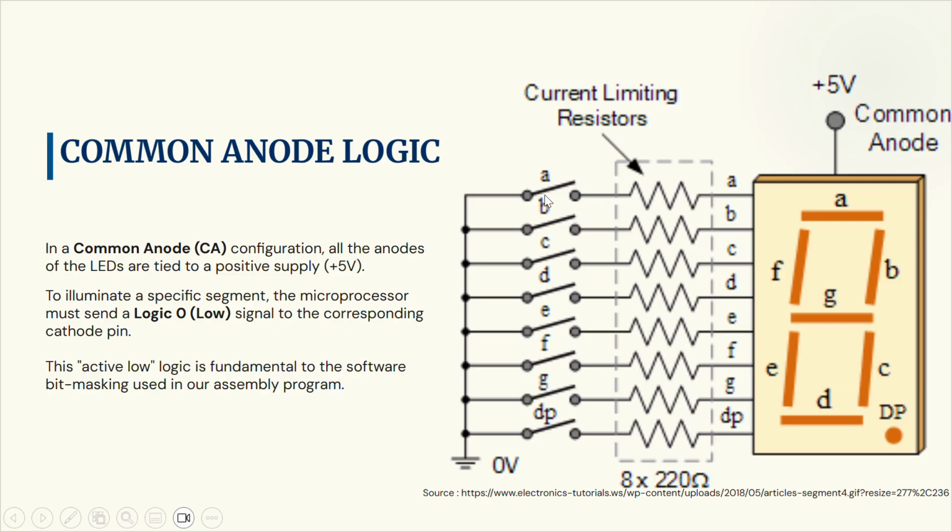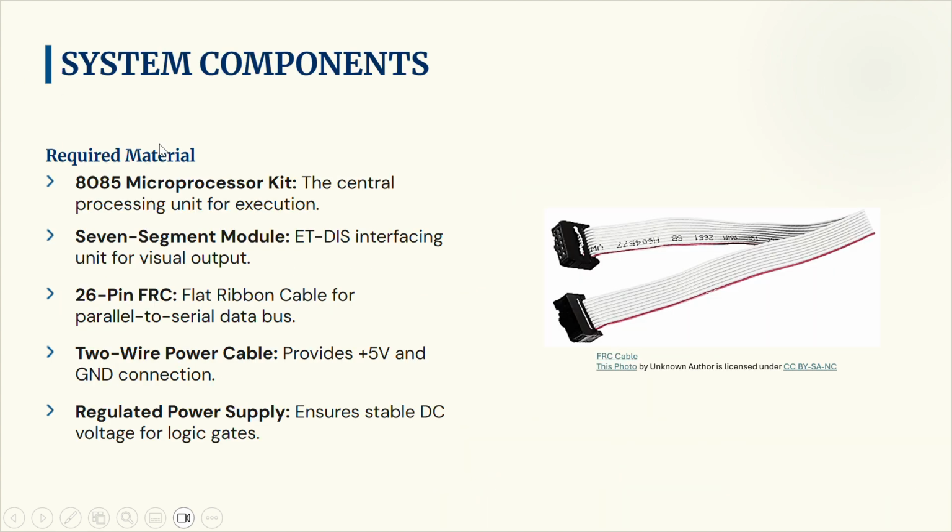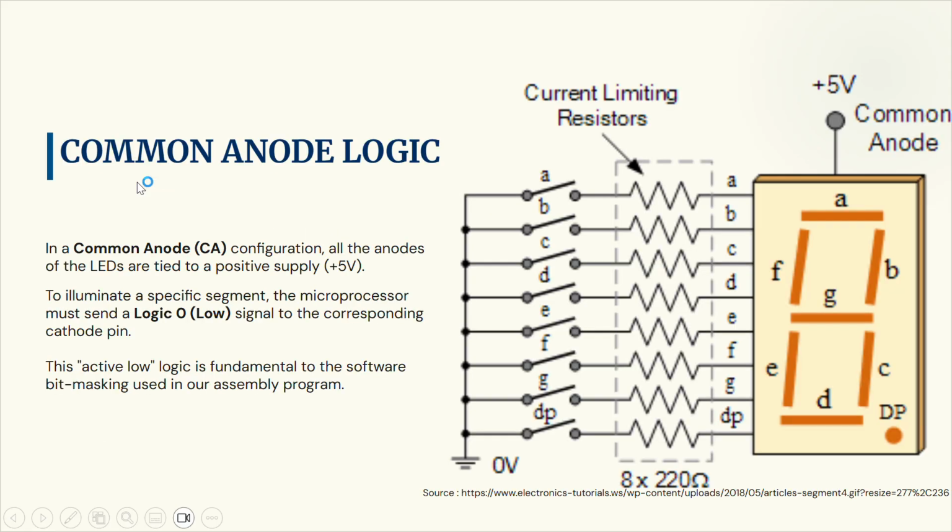Now coming to the interfacing part, on the left there are 8 switches connected to the 0 volt ground. In reality, in our 8085 microprocessor kit, we do not have these switches, but we have input output pins. When the microprocessor sends a logic 0 to a pin, it acts like closing the switch.